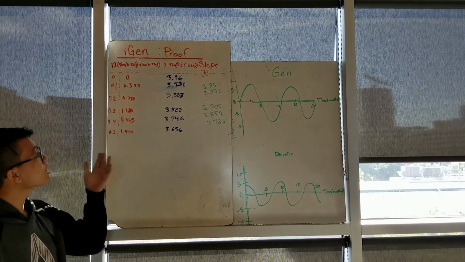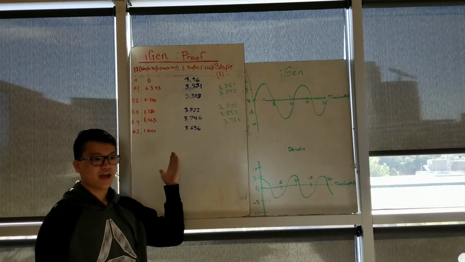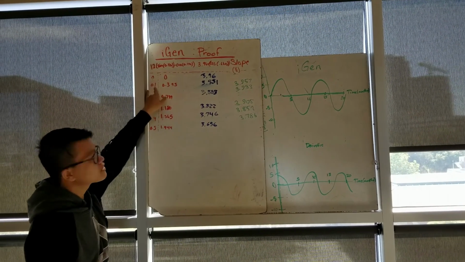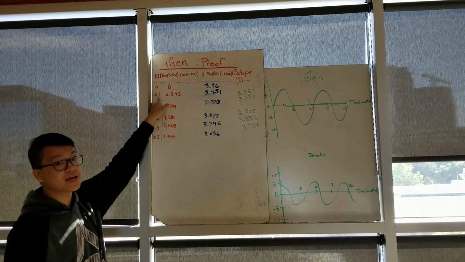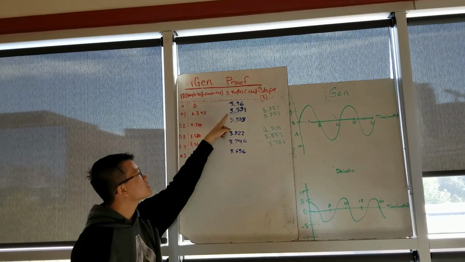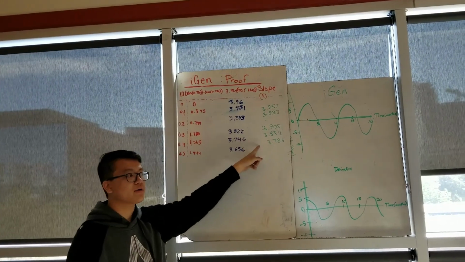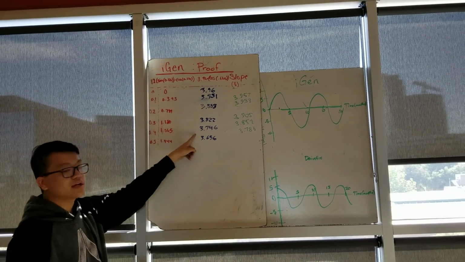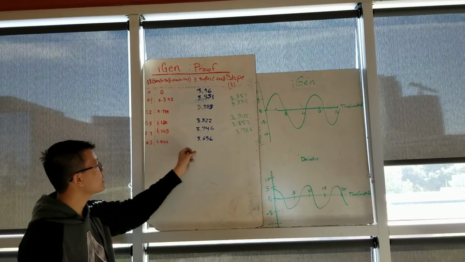So for our proofs, we use both graphing and spreadsheets. On the spreadsheet, we made a very small step size, and we found the actual slope, the change in y over the change in x, and compared it to our calculated derivative, what the change would be.